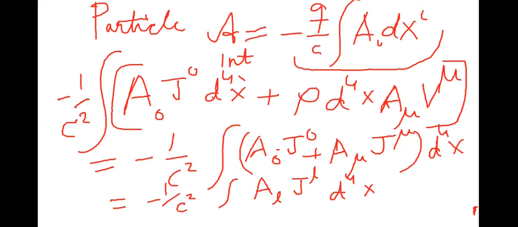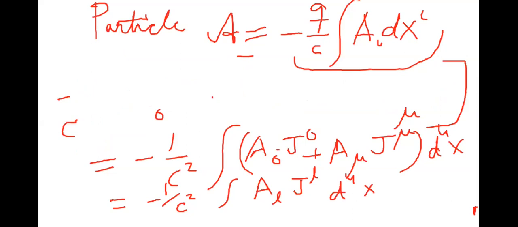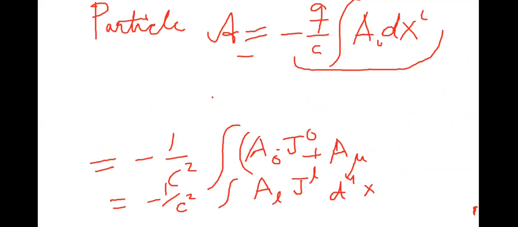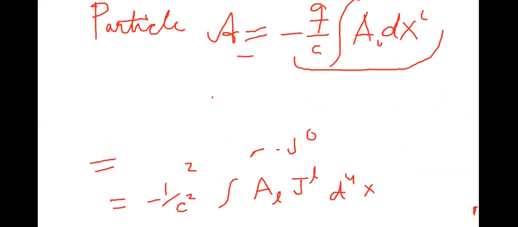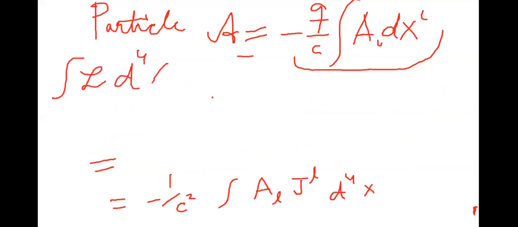Because this is equal to an action, the action can be written in terms of the Lagrangian densities. So when you write in terms of the Lagrangian densities, the action is L d4x, right? And of course, 1 over c.